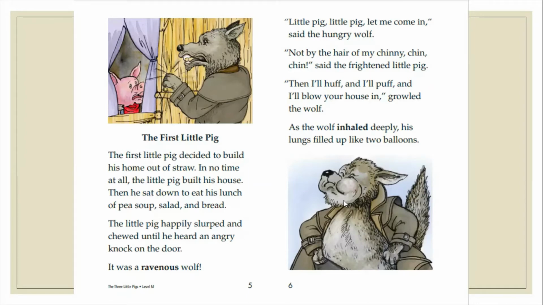In no time at all, the little pig built his house. Then he sat down to eat his lunch of pea soup, salad, and bread. The little pig happily slurped and chewed until he heard an angry knock on the door. It was a ravenous wolf.